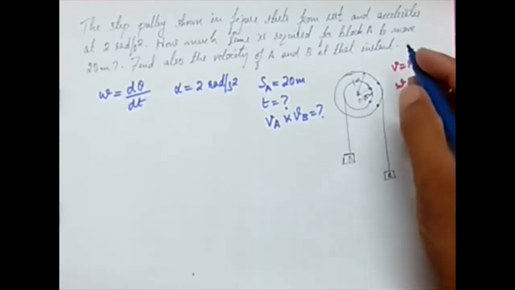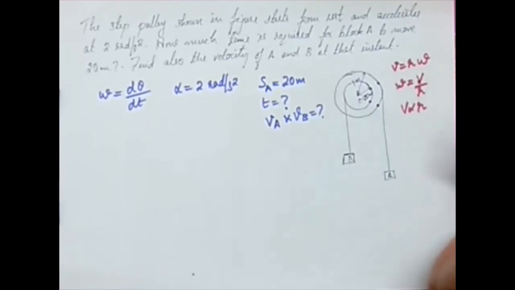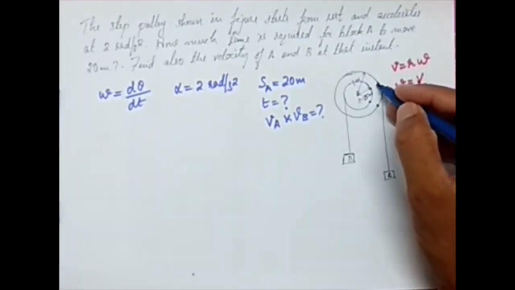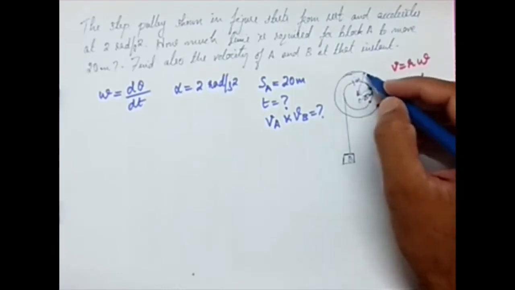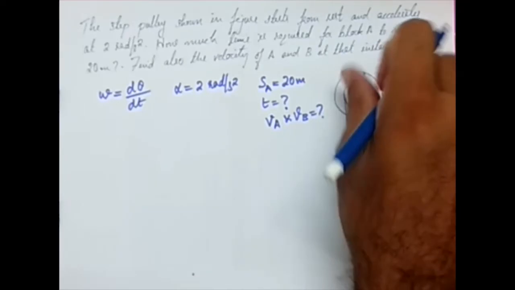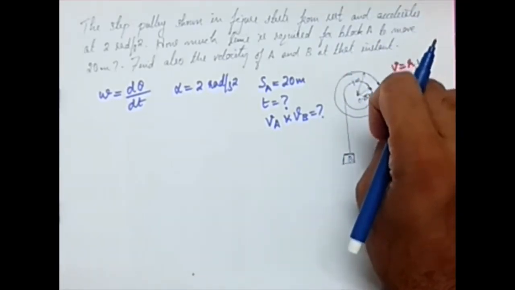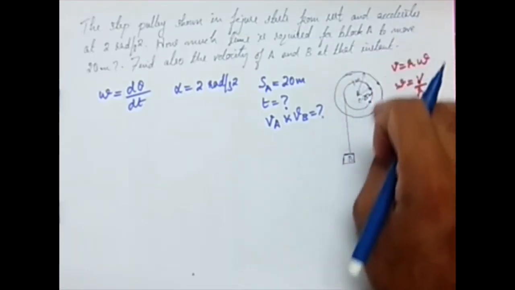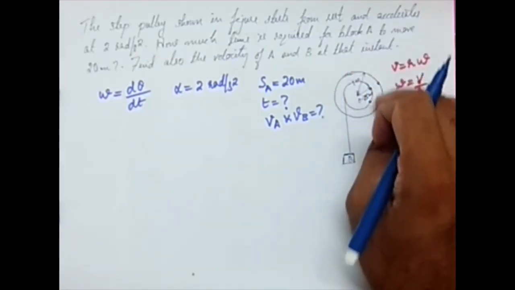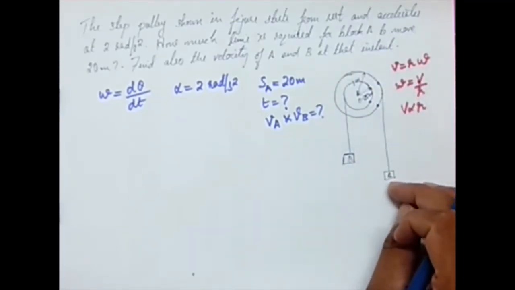How much change in angle will this pulley have? If it is rotating clockwise, this point moves down by 20 meter, which means it has a linear displacement of 20 meter. This outside circle is going to rotate 20 meters so that it can come down by 20 meter.